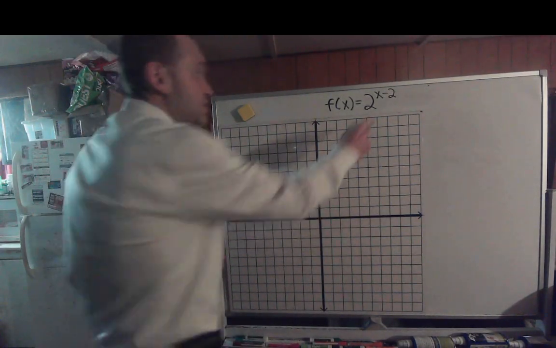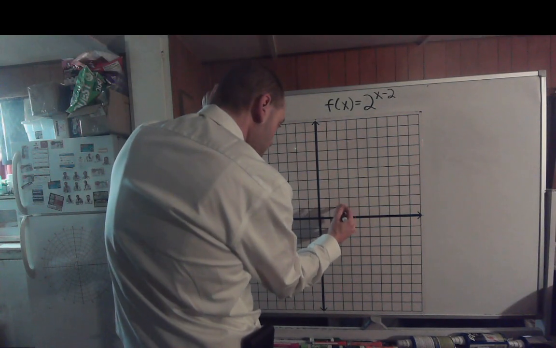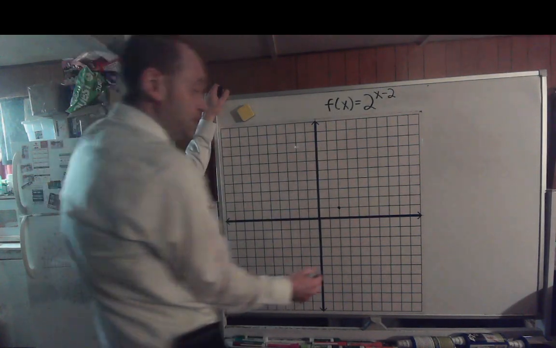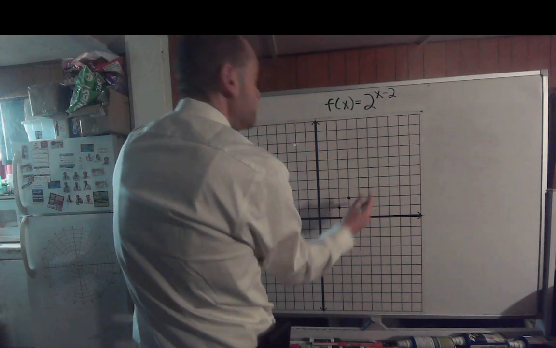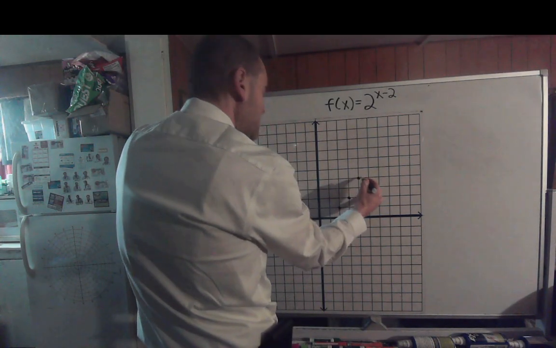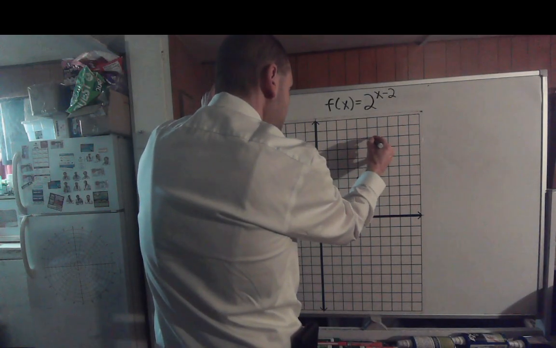So if I put in 2 for x, that would give me 2 to the 0, which would be 1. Let's say I put in 3 for x, that'd be 2 to the first, which would be 2. 4 for x, that would be 2 to the second, which would be 4. If I put in 5 for x, that would give me 2 to the third, which is all the way up to 8.